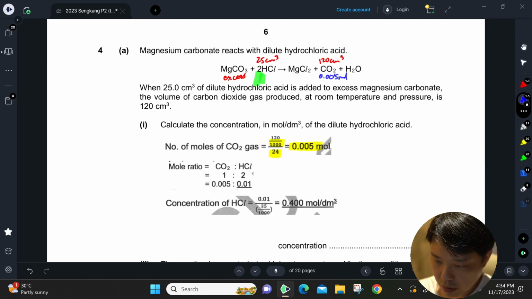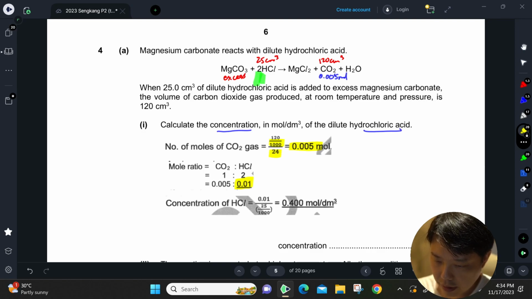They are asking us for the concentration of HCl, so we will use the mole ratio of carbon dioxide to HCl. It's 1:2 from the equation. So the number of moles of HCl which reacted will be 0.01.